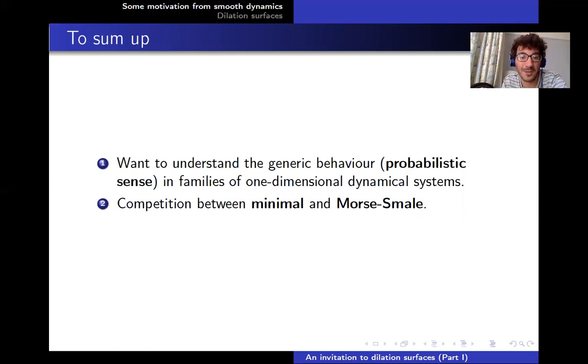That's why I'm going to focus on those and introduce some geometry to study them. But you could do that with many other things, and it's actually very interesting. We want to understand what happens in a probabilistic sense, because I think it makes more sense at a physical level, and you have this competition between essentially periodic orbits, Morse-Smale, and things with more complicated orbits, probably minimal, where orbits are dense, and that's about it.